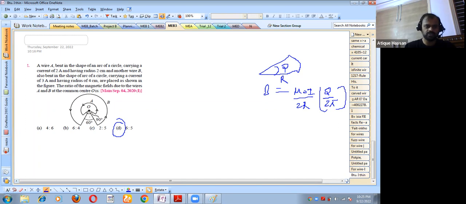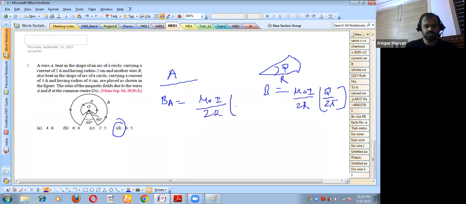Now here we see there are two sections of the wire, A and B. So what will be the magnetic field? Both have the same direction of magnetic field, outwards at point O. So due to wire A, the magnetic field will be mu naught I by 2r.